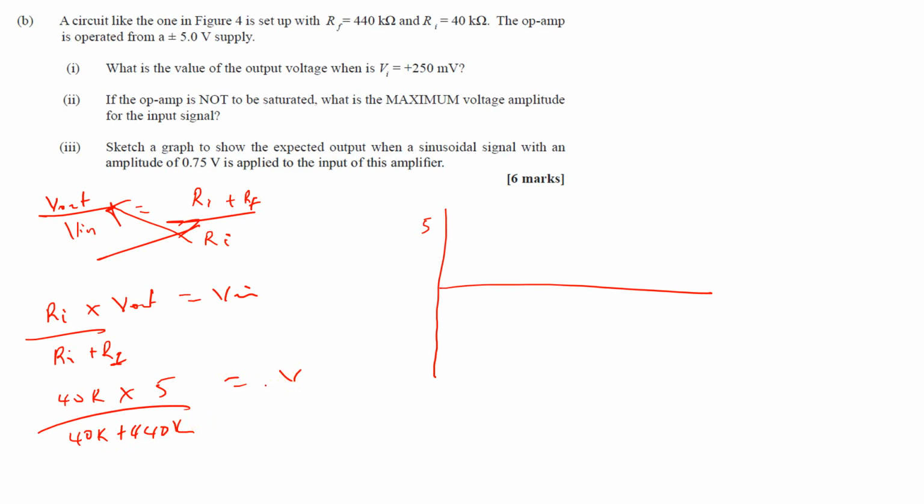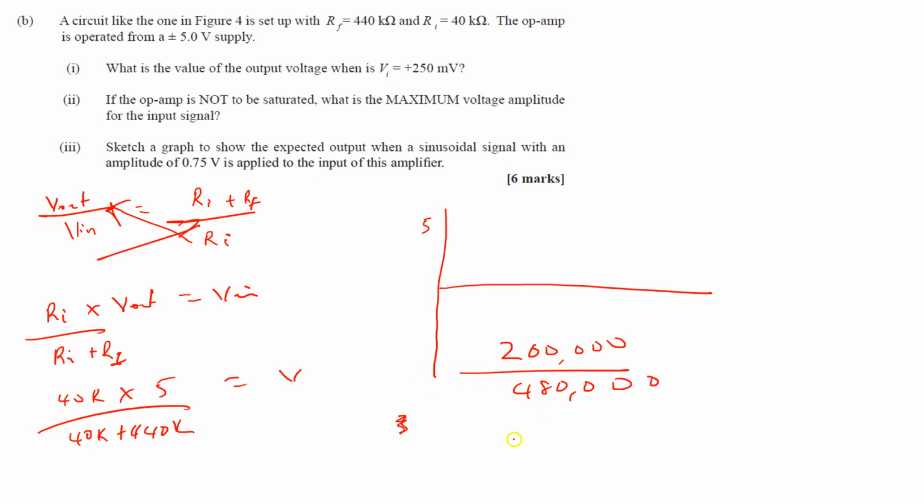So once I do that, let's work that out. We have 40K times 5. Our numerator is going to be 200,000, and that is now divided by, I believe, 480,000.